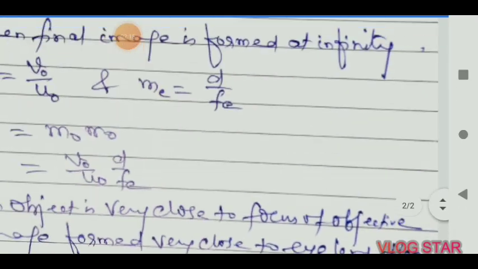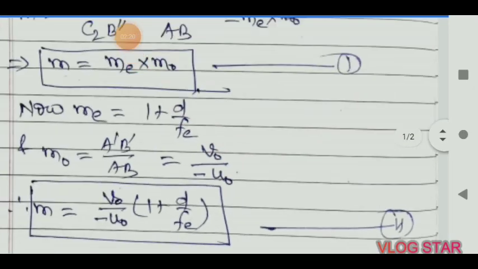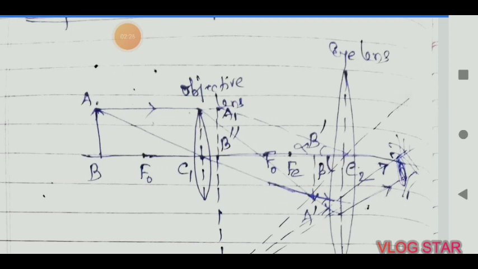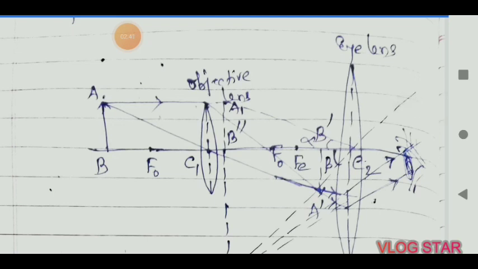Now the second lens, the eyepiece, is mounted coaxially, and we bring it close to A dash B dash, such that A dash B dash lies within its focal length. Its focal length is FE, C2 FE is its focal length. So it lies within its focal length, so the image will be formed virtual and erect on the same side of the object.